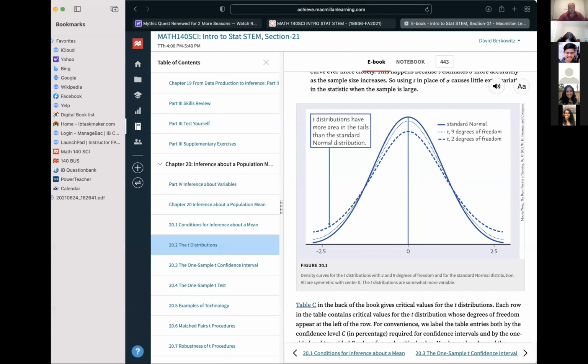So the t distribution looks very similar to the z distribution. And in fact, if you weren't analyzing it too closely, you might even say it's a normal distribution. It's the z distribution, but it's not. It's a little different mathematically.